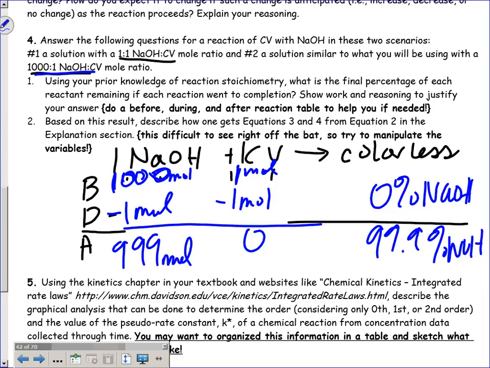What's our relative concentrations between our two species? Maybe tell me the concentrations of our two species. 0.2 molar for the sodium hydroxide and 25 micromolar. Well, what is that in terms of molarity? Extreme.